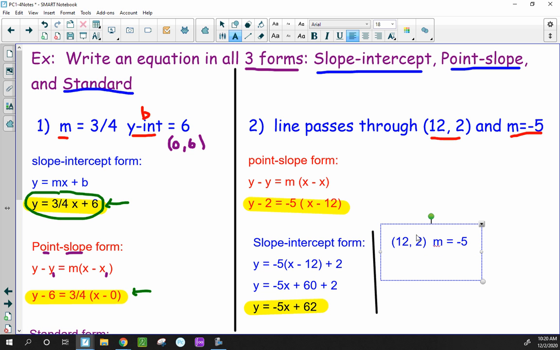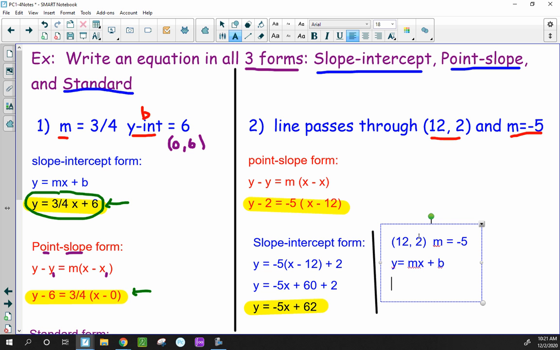What I can do is write down slope intercept form. I have a point and I have a slope, but I really need a y-intercept. That's what the b stands for. So when you're doing these problems, you have to know in your head ahead of time what you're looking for. I need a slope, I need a y-intercept. I have half of the information I need.